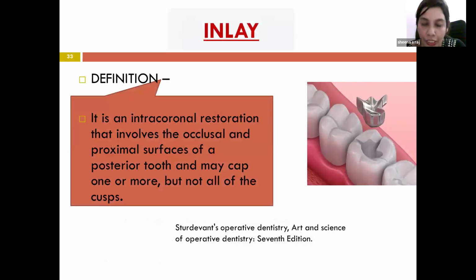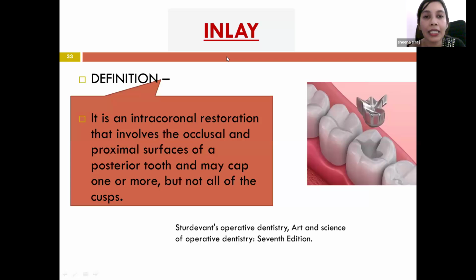Talking about the definition of inlay, it was given by Sturdevant's 7th edition. It is an intracoronal restoration that, as you can see in the image, involves the occlusal surface as well as the proximal surface of a posterior tooth and may cap one or more, but not all, of the cusps.